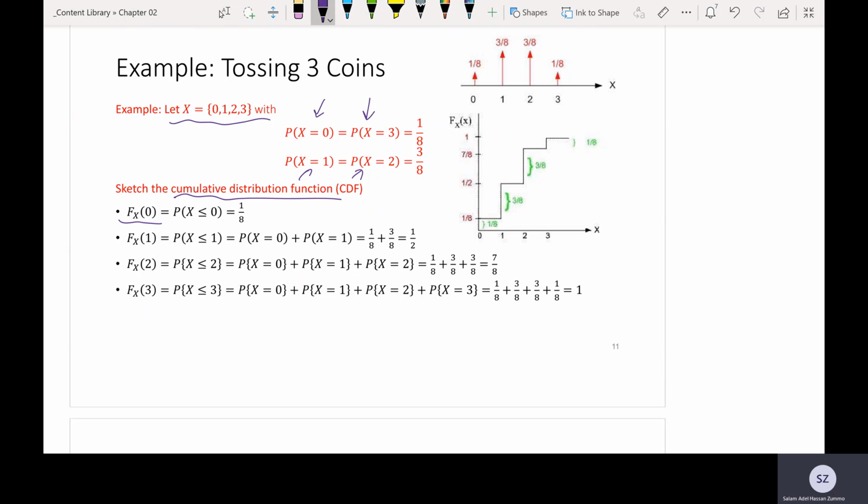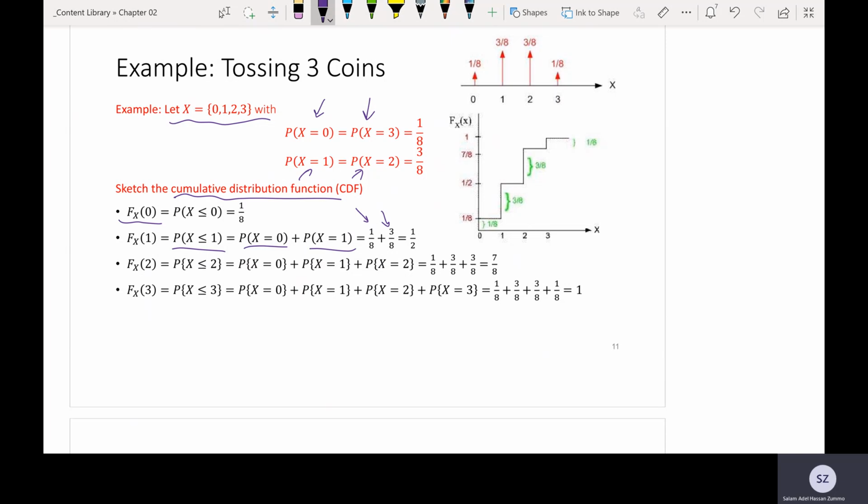It's the probability that x is less than or equal to 0, which is the probability of x equals 0, which is 1 over 8. What is F_X of 1? It's the probability that x is less than or equal to 1, which is the probability of x equals 0 plus the probability of x equals 1, which is 1 over 8 plus 3 over 8, it's half.